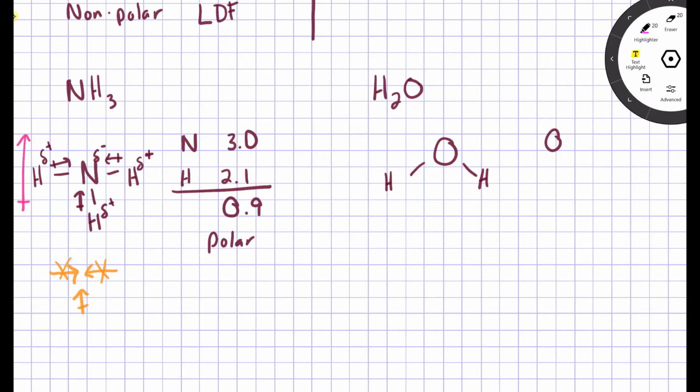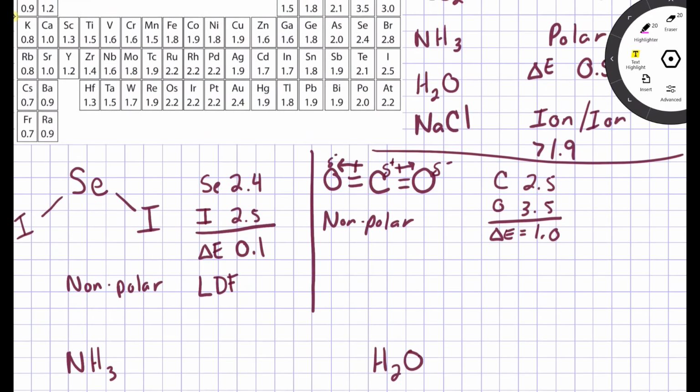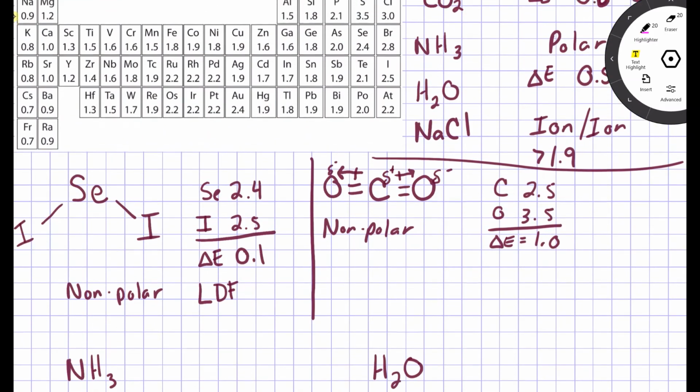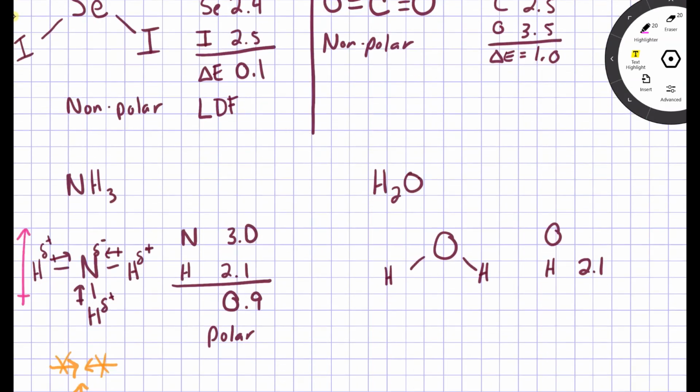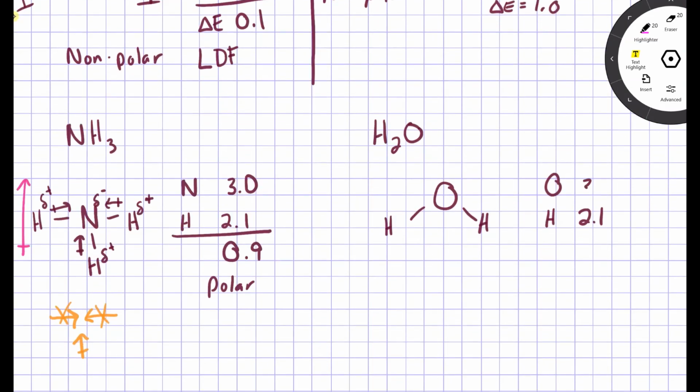So with this, I'm going to look at my electronegativity. We know that hydrogen is 2.1 from right there. And my oxygen from up above here is 3.5. And so now, if I do my math correctly, this should be a difference of 1.4.